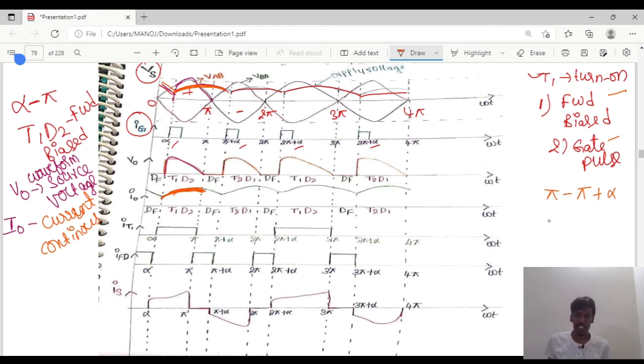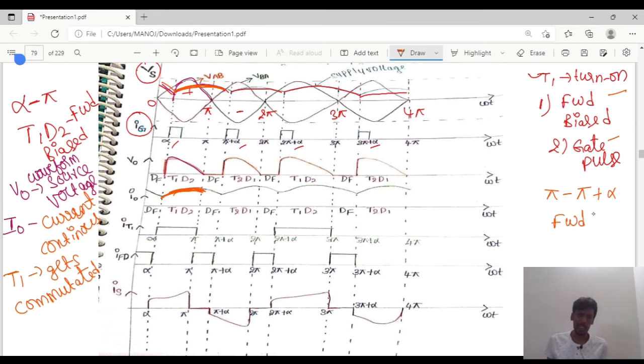So T1 gets off, or T1 gets commutated, and the freewheeling diode action continues.